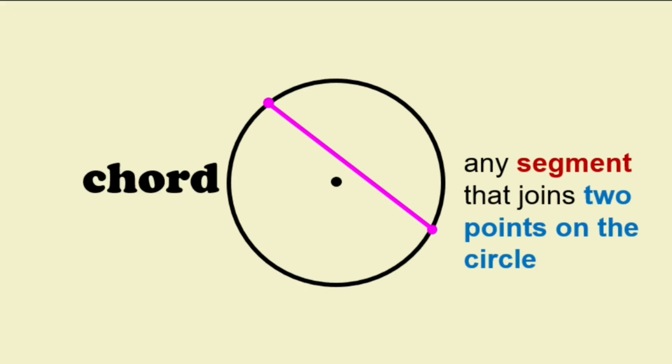Yes! A diameter is a special chord with a special characteristic. Because a diameter is also made up of any 2 points on the circle, only that it passes through the center of a circle. The diameter is actually the longest chord of a circle.